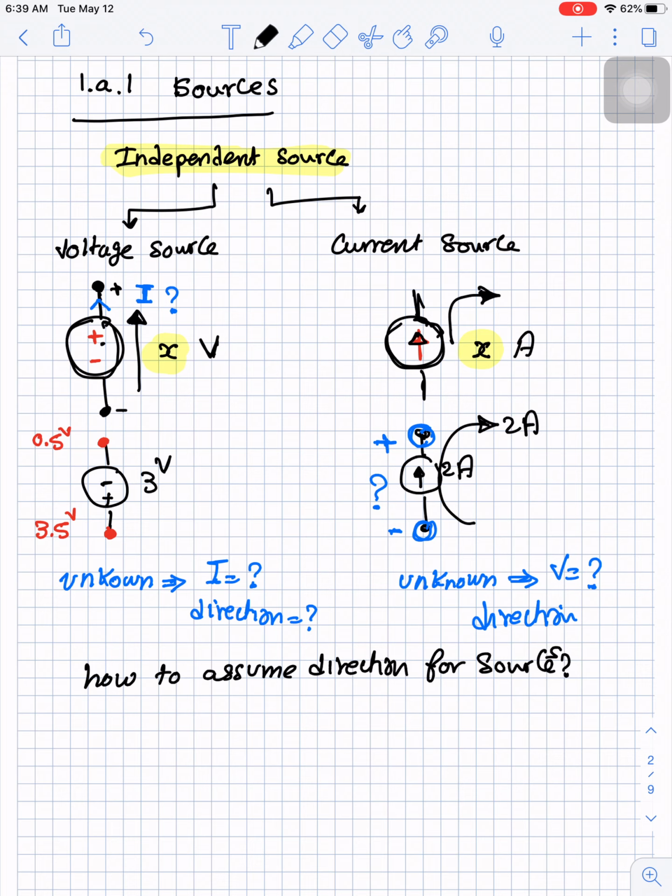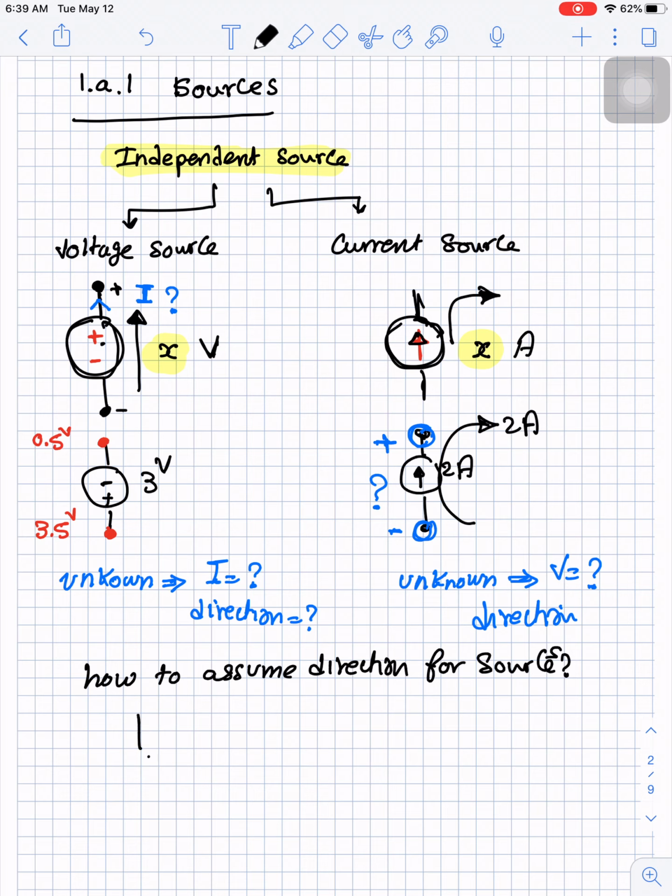Assuming the direction for sources means we are assuming the direction for the voltage, or we are assuming the direction for the current. So we will assume the direction for the voltage if we have a current source, or we will assume the direction for the current if we have a voltage source.